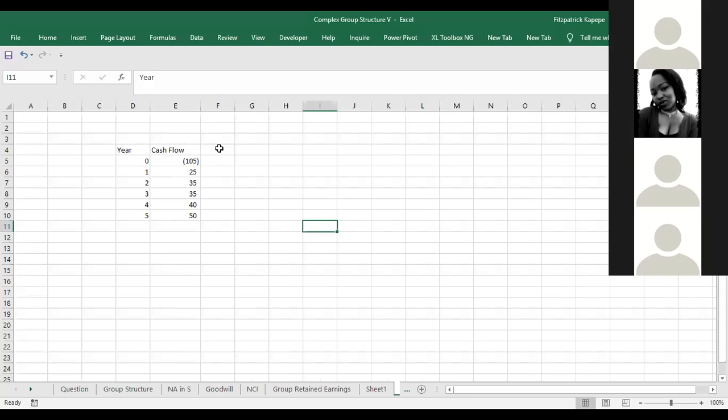So we are doing our cumulative. I hope you had these numbers first.